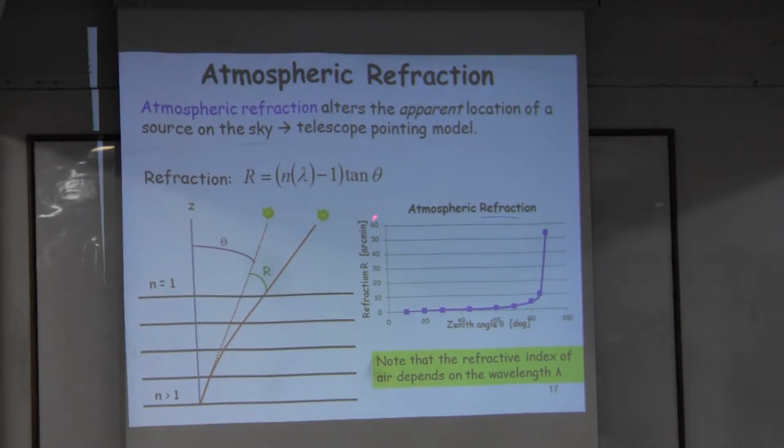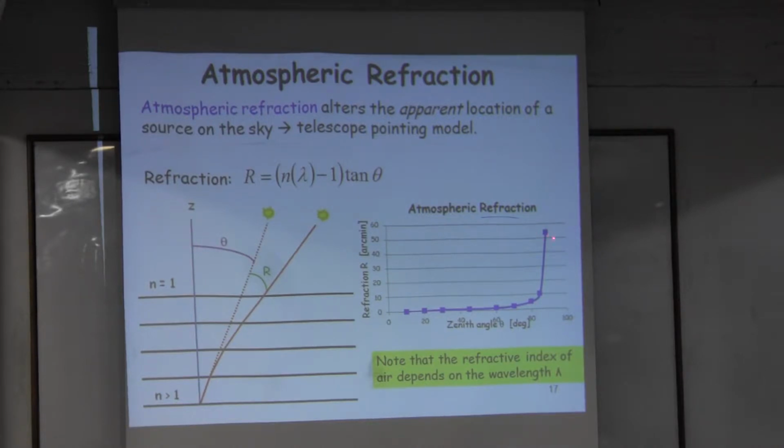So you can see here in arc minutes, it's so small that it's hardly noticeable. If you just look at 10 degrees in distance, then at least with a small telescope with large field of view, you always see your source. It may not be exactly where you expected it. But when you look at something at the horizon, well, it can be 50 arc minutes, almost 1 degree. Right? So this effect can be larger than the diameter of the full moon.